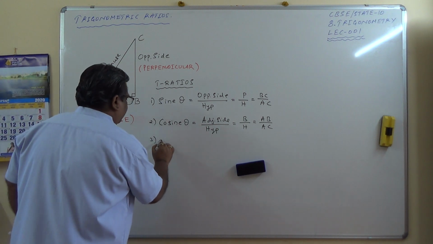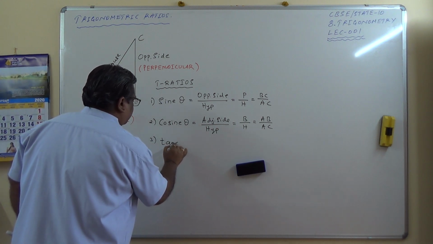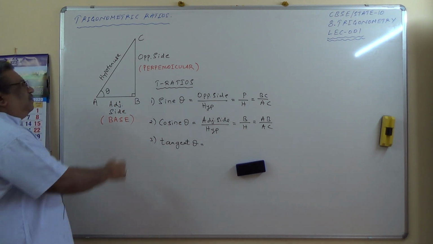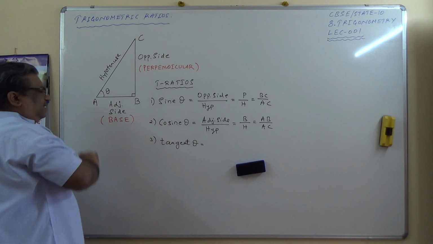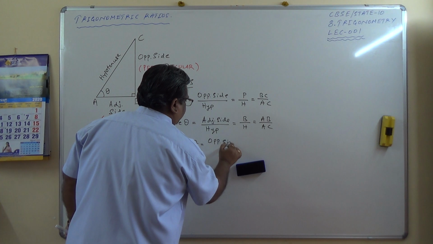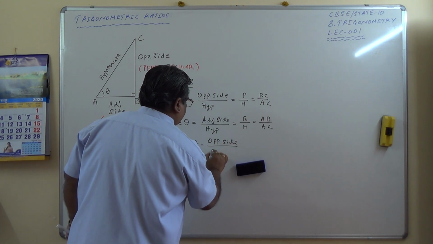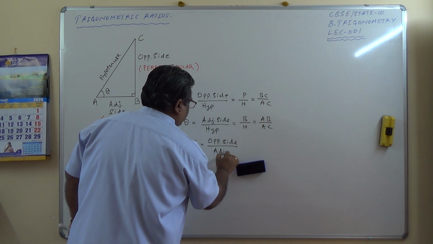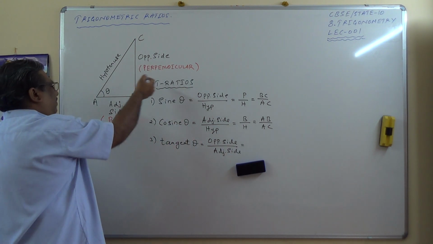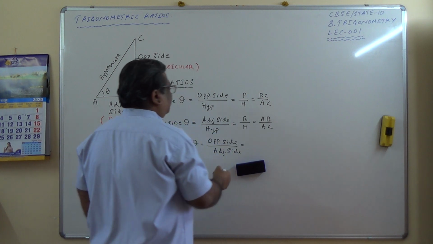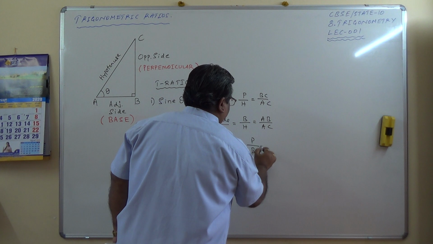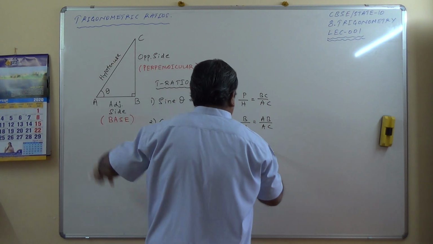Tangent theta equals opposite side by adjacent side, which also is equal to perpendicular by base. Perpendicular by base, which is BC by AB.